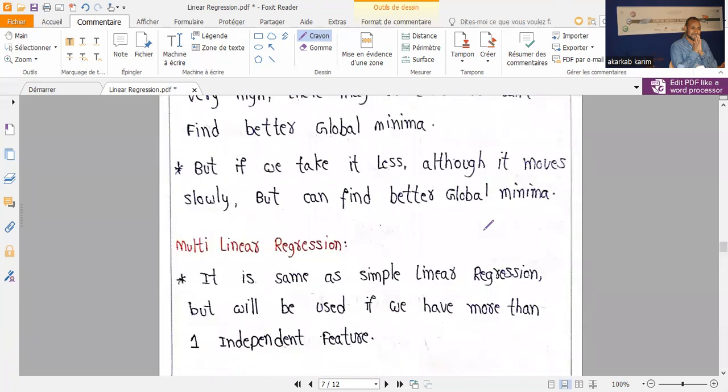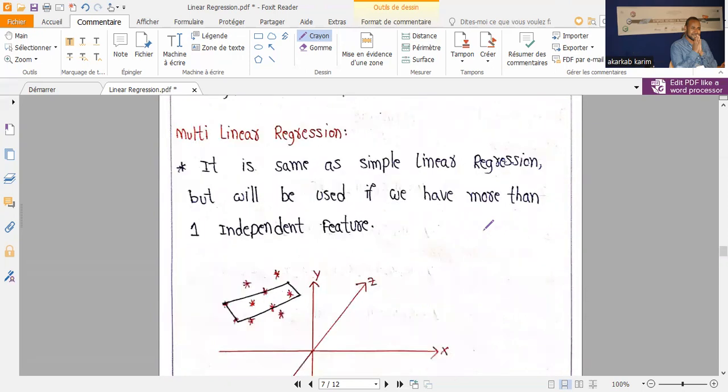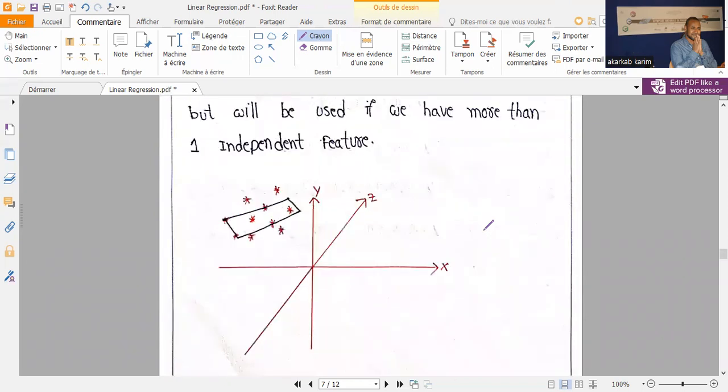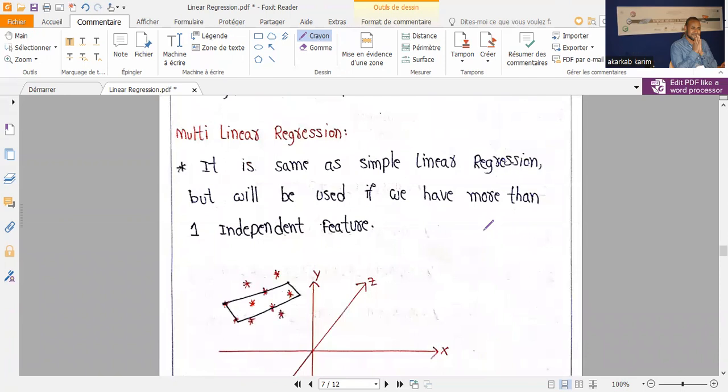Also, here we discussed one feature. That means we have a goal or target variable with one independent variable. So let's see multilinear regression. It's the same thing. In multilinear regression, we have the same logic behind it, but we have more than one independent feature.